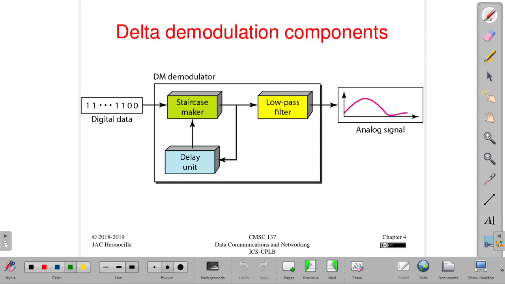For the demodulation, at the receiver end you'll have an incoming digital data, and again this will be the input to the staircase maker, and then it will be passed to a low pass filter to get the analog signal back. Okay, so that's the delta modulation and demodulation technique.